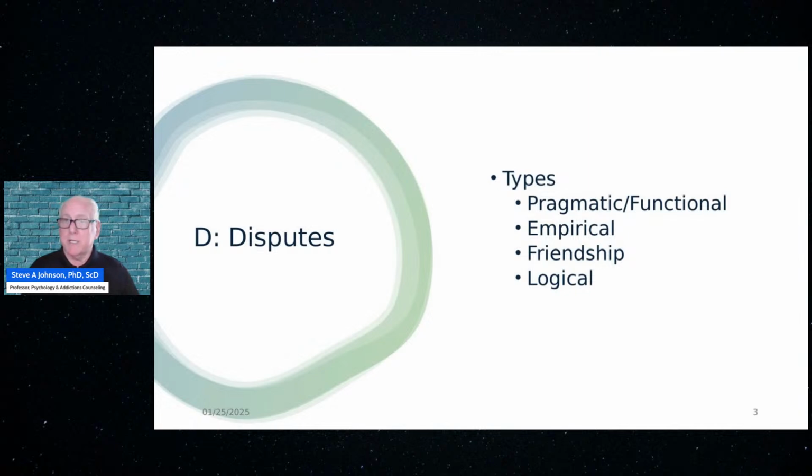Now, I had a question, and it frequently comes up, and that is, would these disputes tend to work with someone who is delusional? And that will be coming up in another episode where I will be looking at how we would use REBT with schizophrenia and other psychotic disorders.